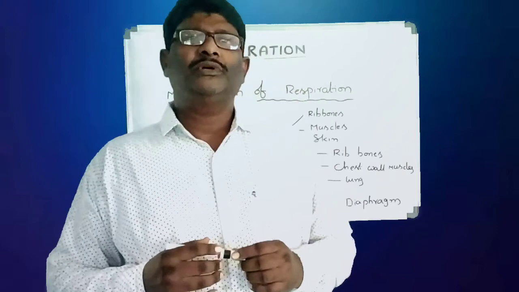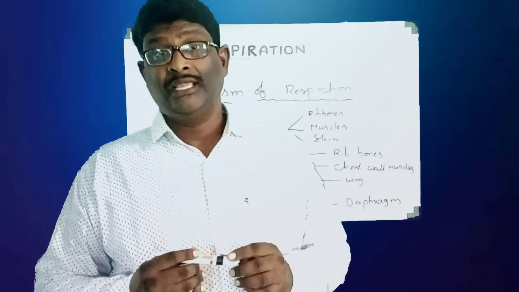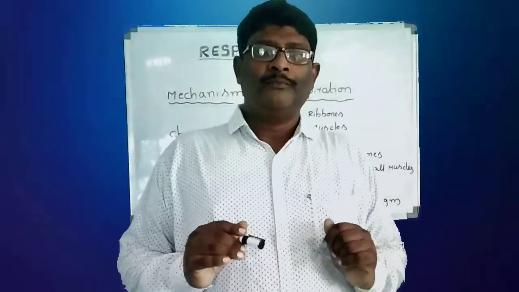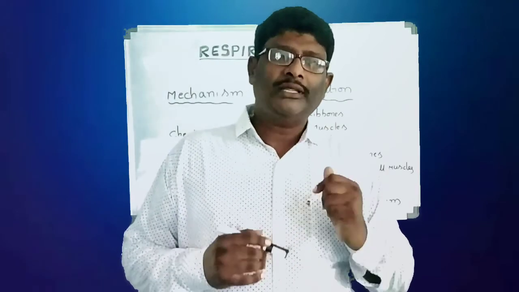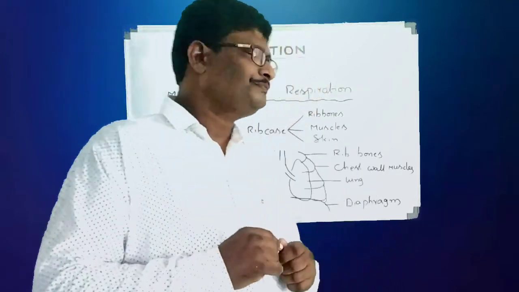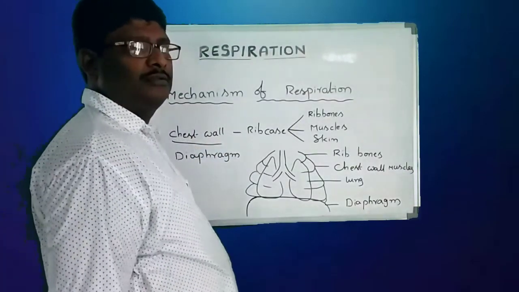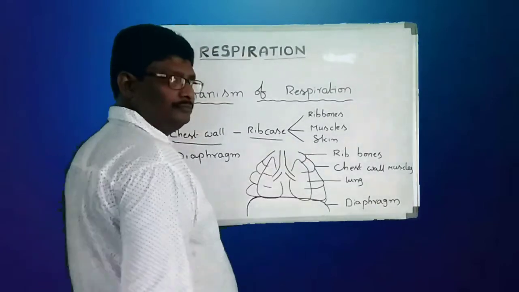Lungs alone cannot do the process of inhaling and exhaling the air. Some other organs also participate in the process. What are they? The chest wall. The chest wall is made up of the rib cage.